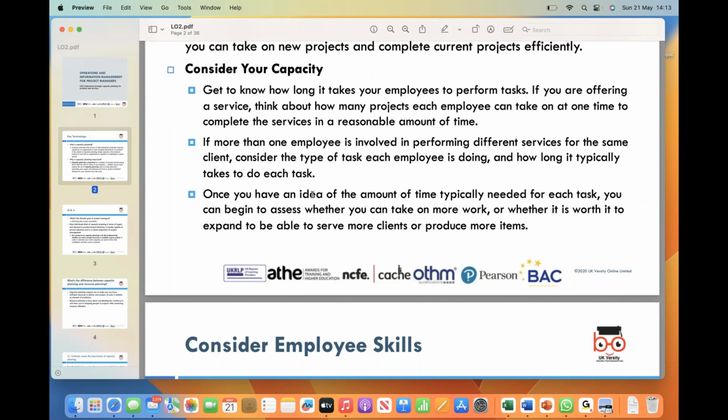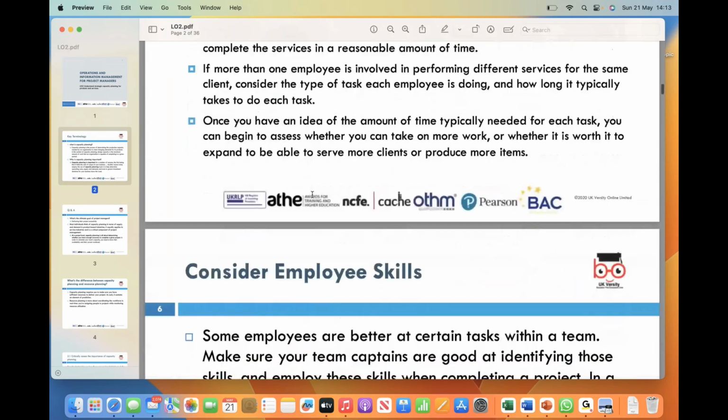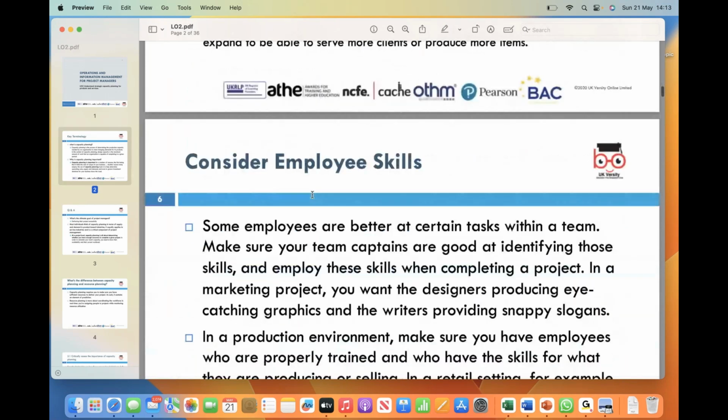This assessment is crucial when considering the potential to serve more clients or produce a higher number of items. Proper capacity planning empowers you to gauge the feasibility and cost effectiveness of scaling up your operations.